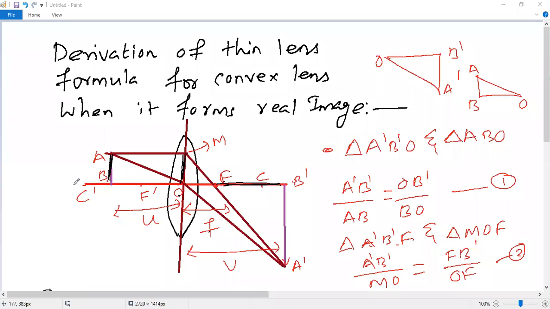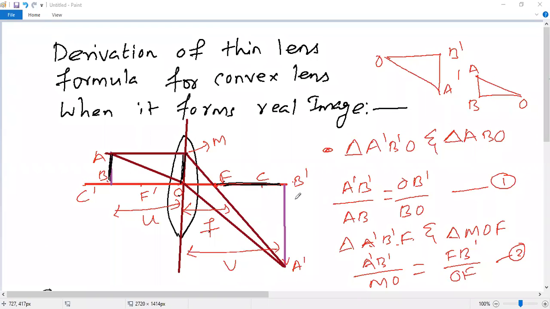Object behind the center of curvature, image between f2 and 2f2. Object at 2f1, image at 2f2. Object between 2f1 and f1, we get the image behind 2f2, real, inverted and enlarged.